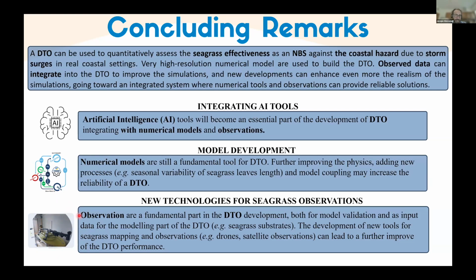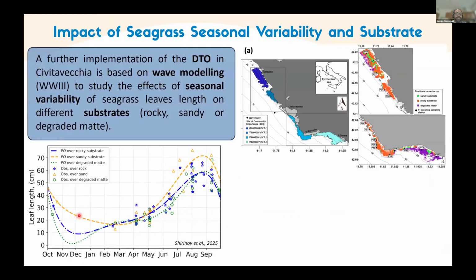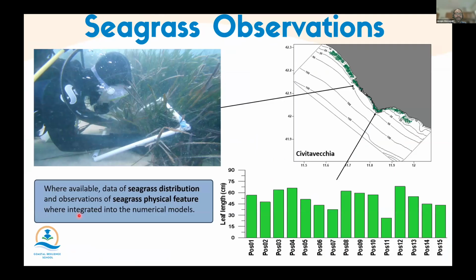Otherwise, the common way is a diver going down and taking measurements. But yes, there are new developments in seagrass measurements.